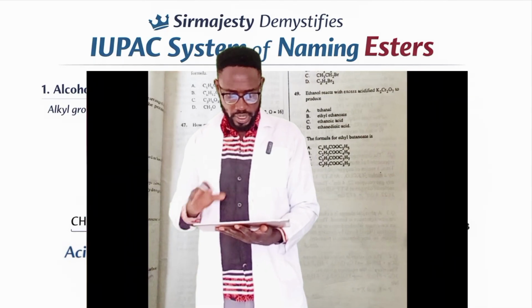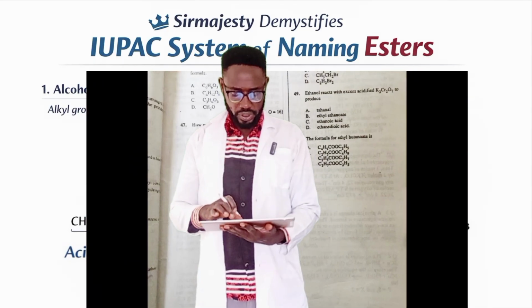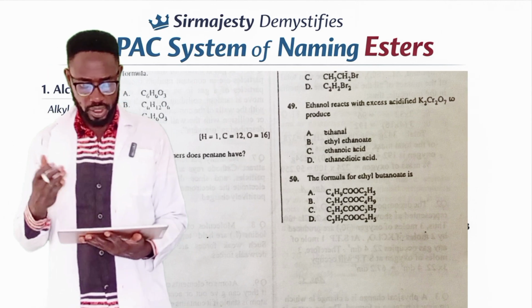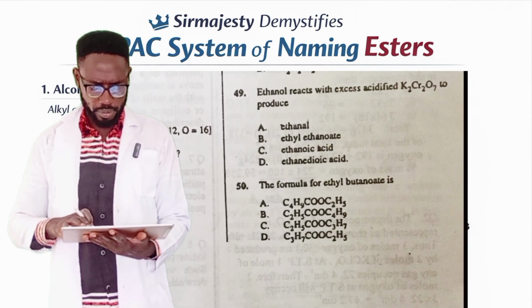First of all, let's handle JAMB past question. We are giving you majestic solutions to JAMB chemistry past question. Remember, we are available in chemistry, physics, and biology, but I'll be handling chemistry here.